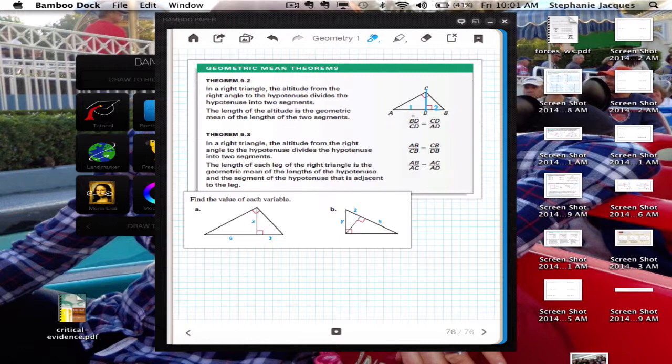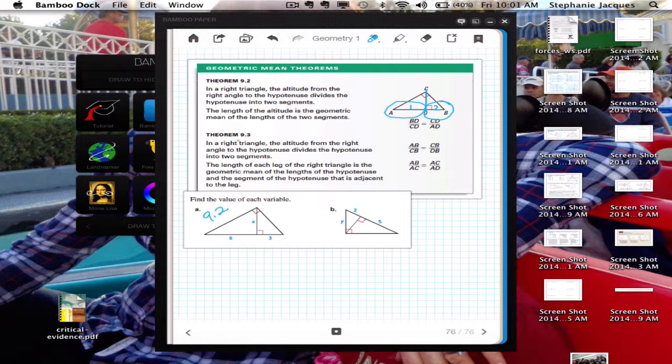So we have BD over CD equals CD over AD, and we'll apply that in A. So I'm going to put 9.2 right here.